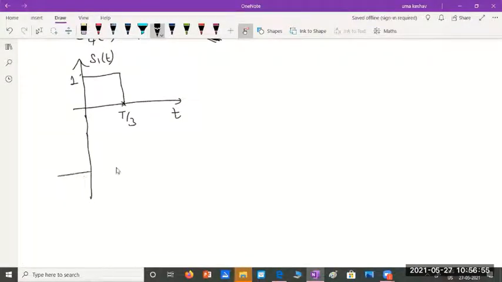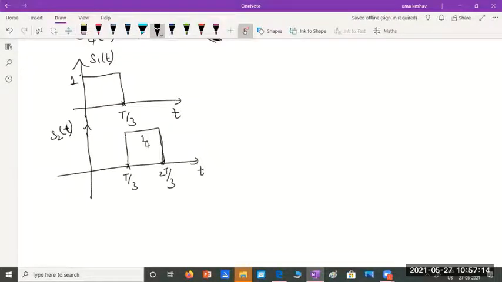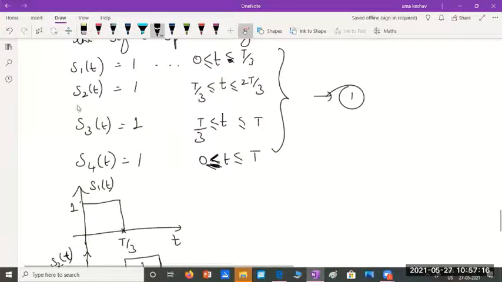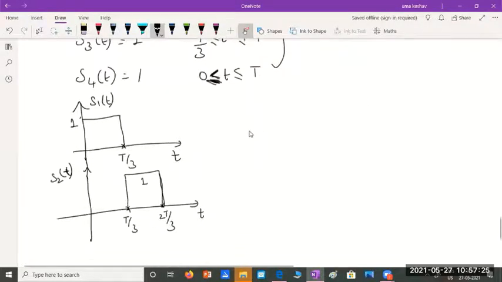Let's take S2 here. This is 1 in the range T by 3 to 2T by 3, right? It is 1 in this range as given here. S3 is 1 in the range T by 3 to T.